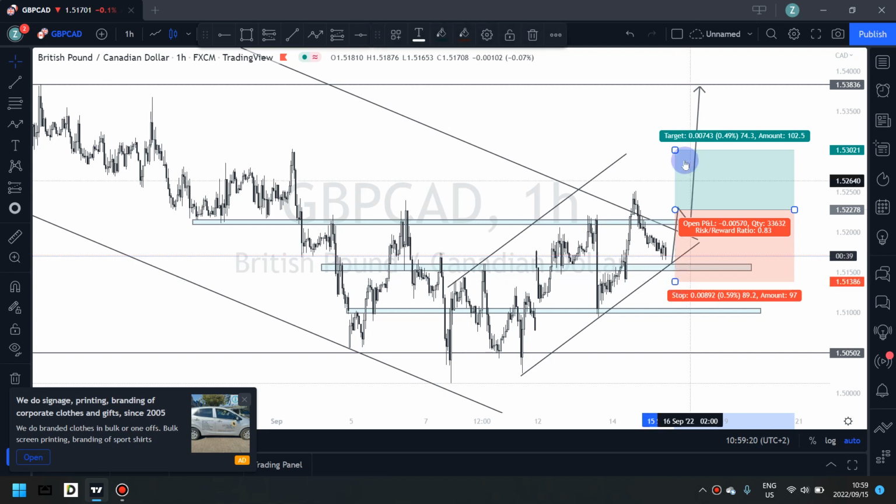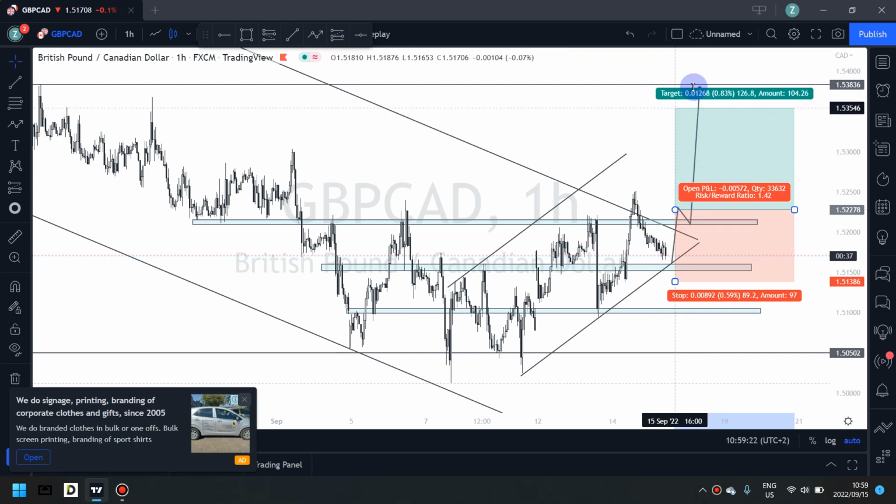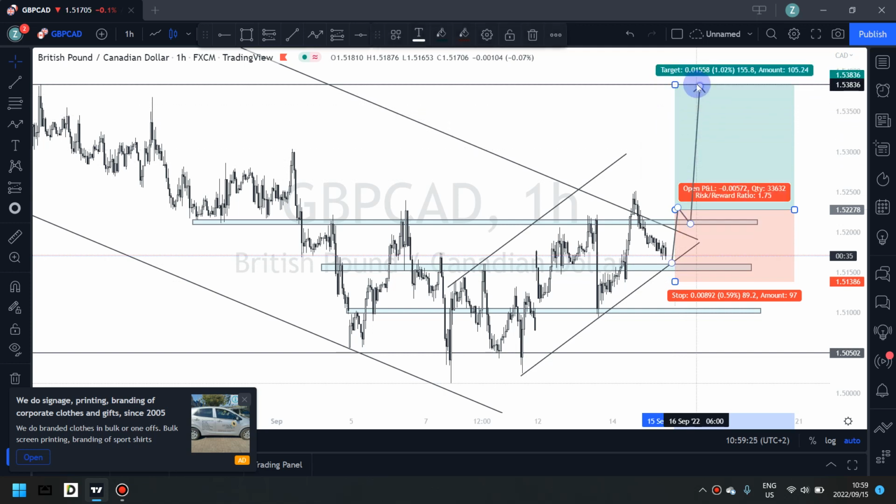Stop loss just below my zone, and my take profit can either be here. As you can see, the risk to reward ratio is a good 1:1.75, and as I always say, the minimum risk to reward ratio you must cater for is 1.5, nothing less than 1.5.